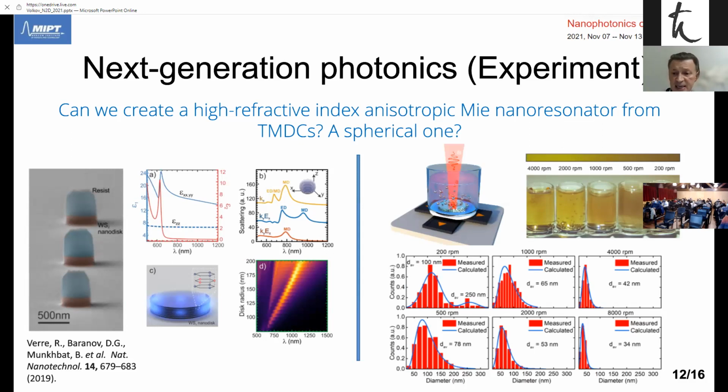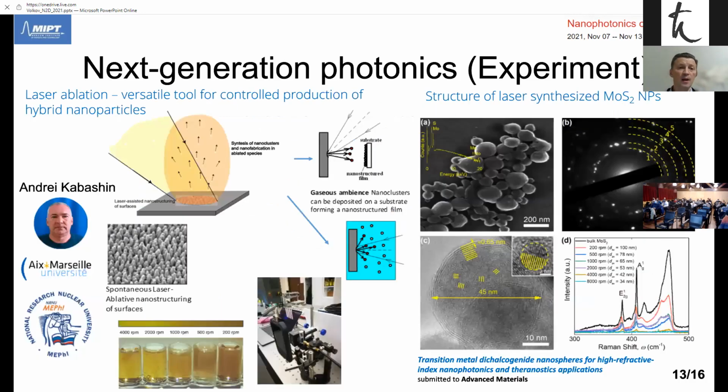So what is laser ablation? It's a laser-based technique for production of, let's say, nanoclusters. When one irradiates a target with a focused laser beam, one can heat it, one can melt it, and then finally one can ablate it.